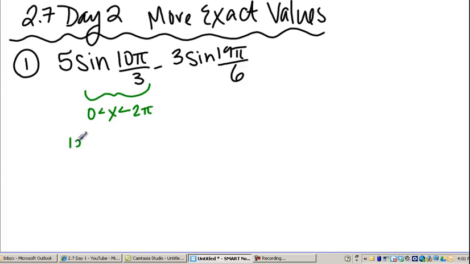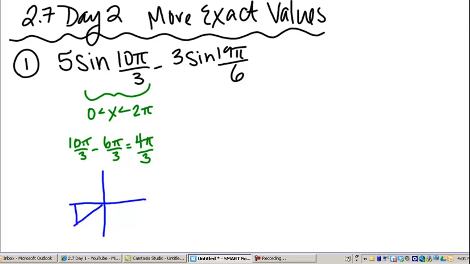So we're going to take 10 pi over 3 and subtract 6 pi over 3, because 6 pi over 3 is the same thing as 2 pi, and that's how we get it between. So now we are left with 4 pi over 3. If you're looking at your unit circle, you should see that 4 pi over 3 is in the third quadrant.